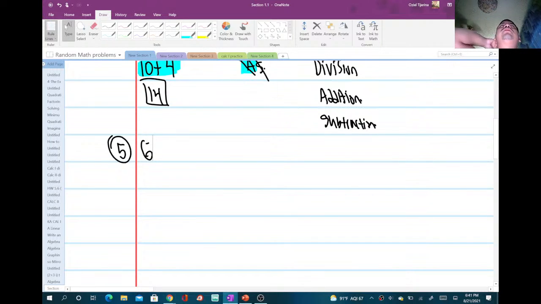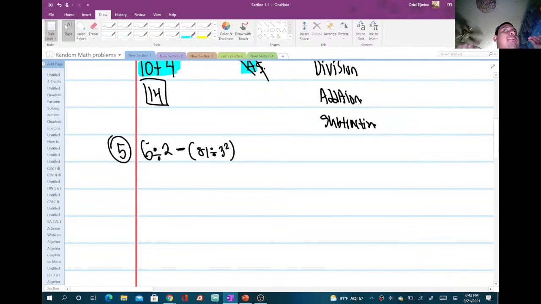So number 5 says 6 divided by 2 minus the quantity 81 divided by 3 squared. The one thing that you always do in these kinds of problems is go from left to right, right?